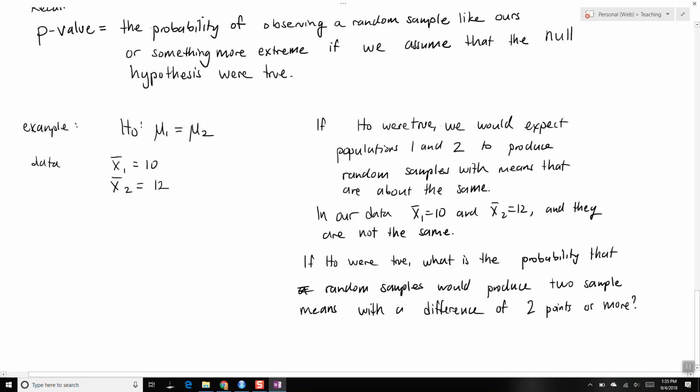So if population 1 and population 2 have the same mean, what's the probability that we draw a random sample from population 1 and a random sample from population 2 where the difference between the sample means is 2 points or more? Because that's what happened in our data. We got 10 and we got 12. So what's the probability that this thing would happen?